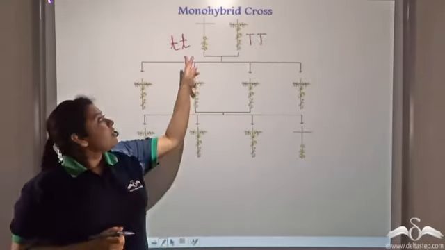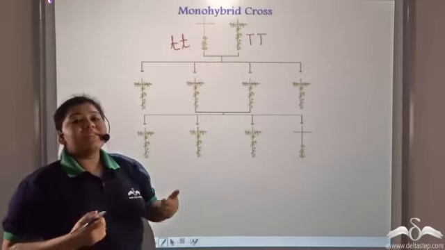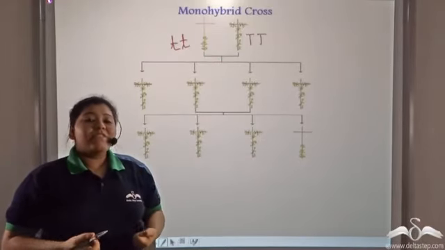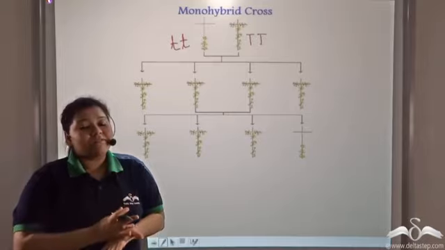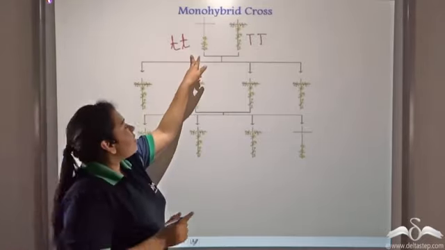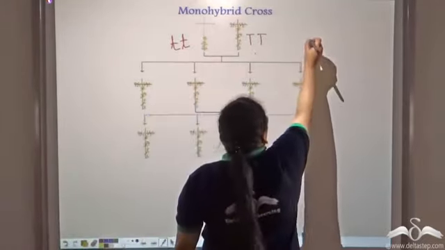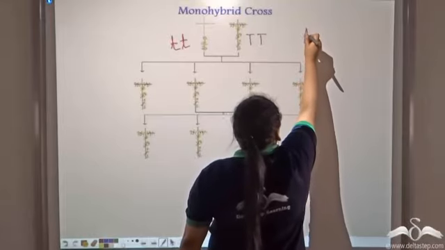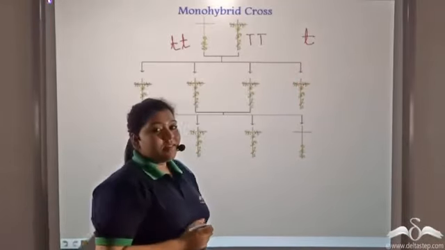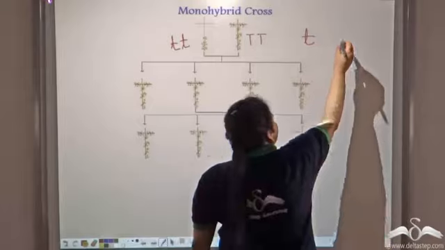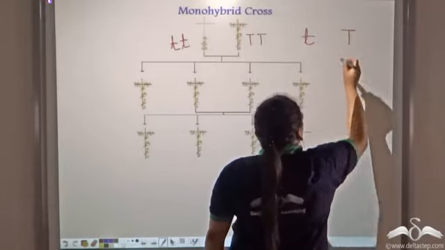Now, while reproduction, in the reproductive cells, the factors get halved. So from the dwarf plant, this factor comes, and from the tall plant, this factor comes.